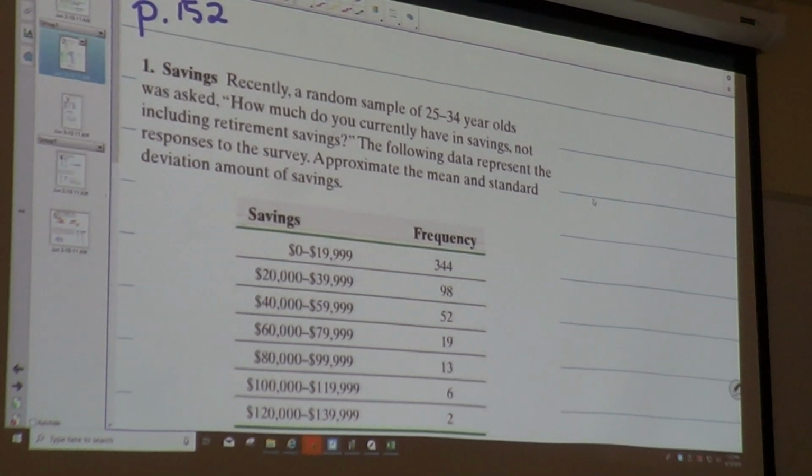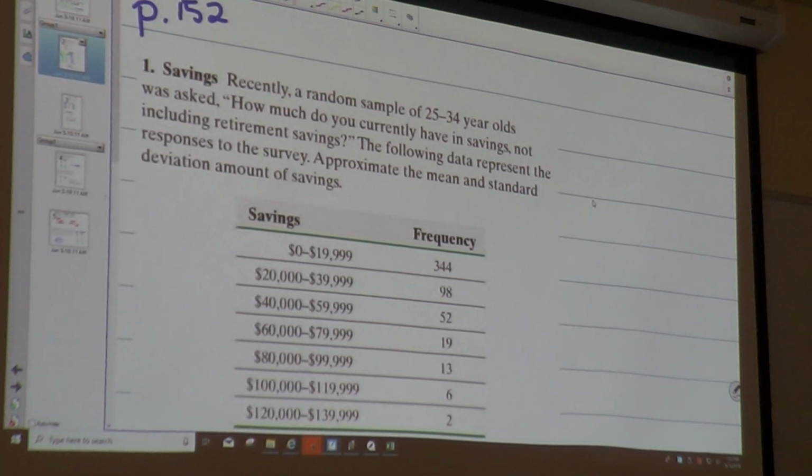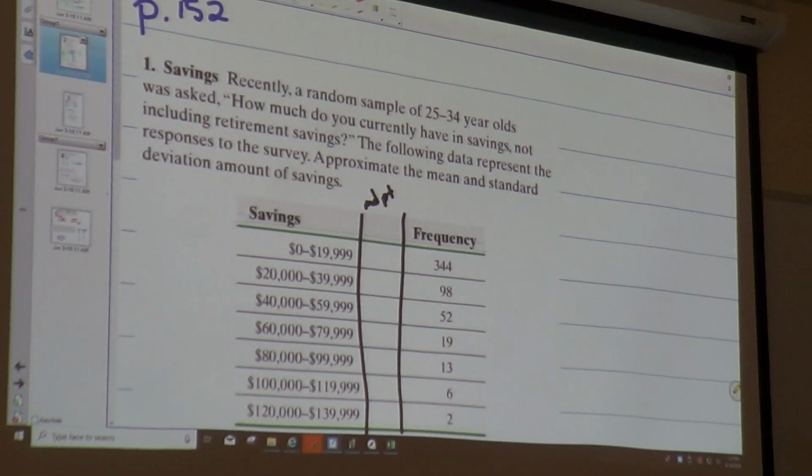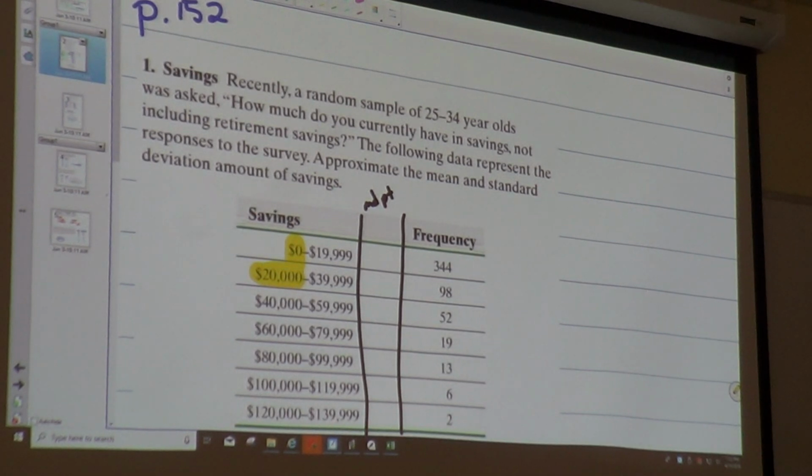So I'm going to make a cute little column right here in the middle and call it the midpoint. The way I get the midpoint is I add up the front two numbers and cut it in half. So 20,000 plus 0 cut in half is 10,000.